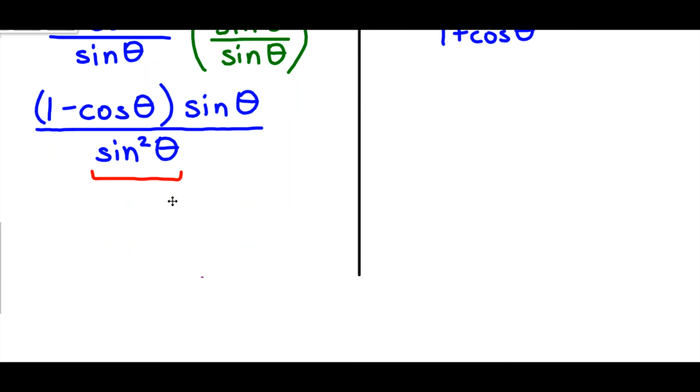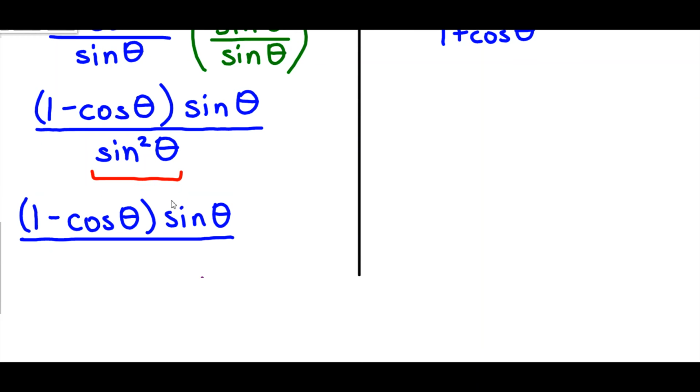Now, I'm not touching the top, so it's going to stay there. But this sine squared theta, I know when I see a squared, I'm going to go to those Pythagorean identities. And when I look at my Pythagorean identities, I'm going to see that sine squared plus cosine squared is equal to 1. So when I manipulate that a little bit, I can rewrite this: sine squared theta is the same as 1 minus cosine squared theta.